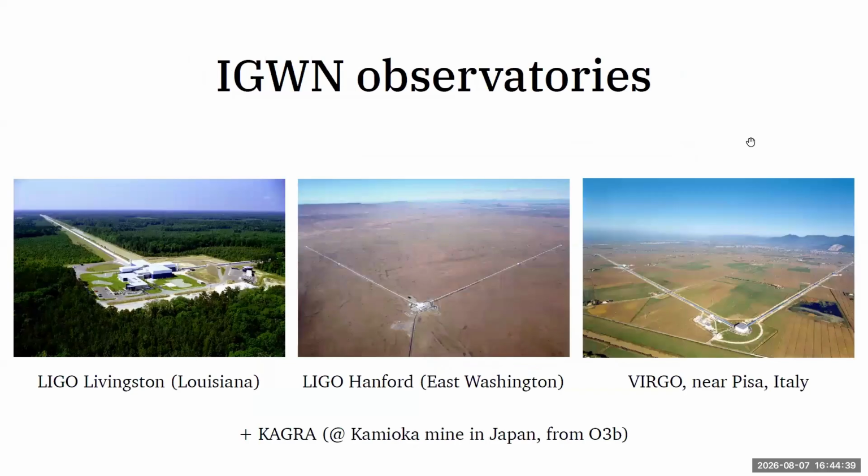Today I'll tell you about a new way, because I have a new toy, a new detector: gravitational-wave observatories. This is a picture of Livingston and Hanford, the two US-based LIGO detectors, and Virgo is in Italy, in Pisa. With KAGRA, they form the international gravitational-wave network. Why am I telling you about this?